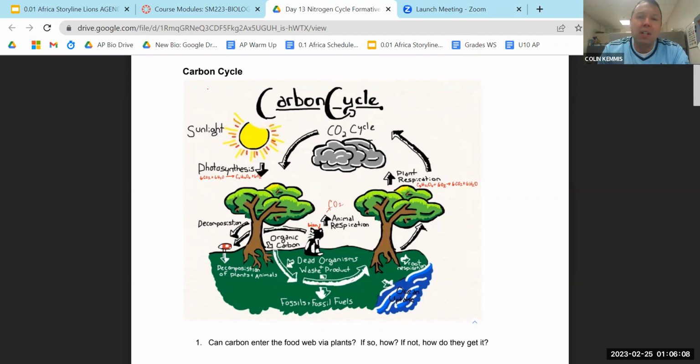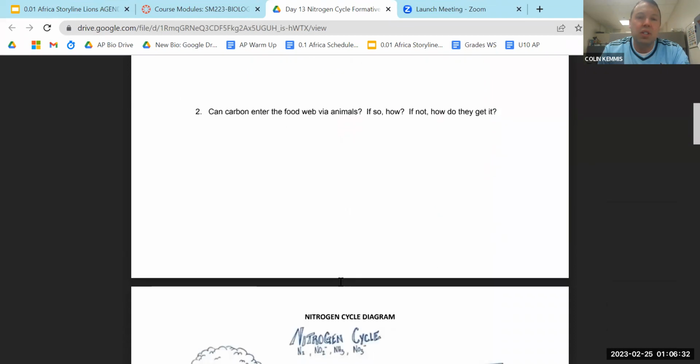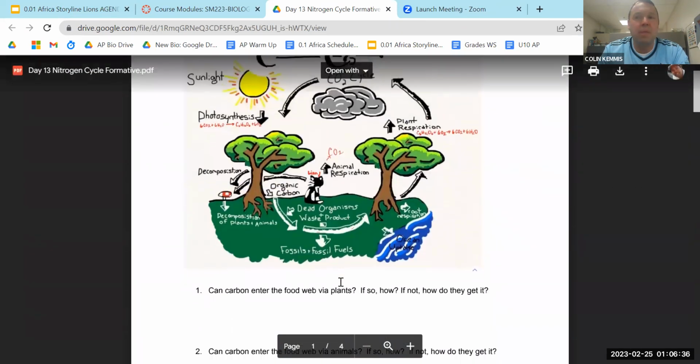CO2 is given back to the atmosphere. Other things that are going on here, dead and dying waste, fossils and fossil fuels. And then not shown here is how people burn a lot of fossil fuels. Look at those, answer the simple questions there. You've probably seen the carbon cycle.